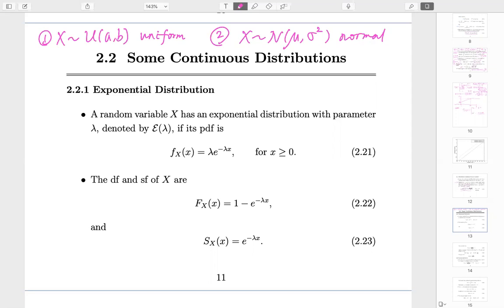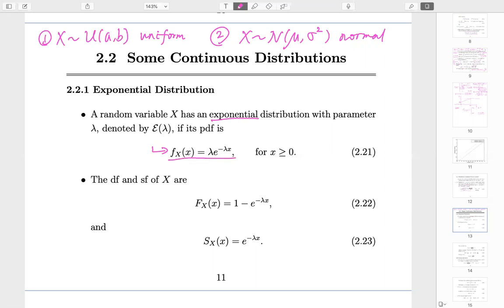So now let's introduce the first important one. It's called the exponential distribution. If a random variable X has an exponential distribution, its PDF should be given in this format. Different people or different textbooks have different notations, so please always follow the notations from this textbook.